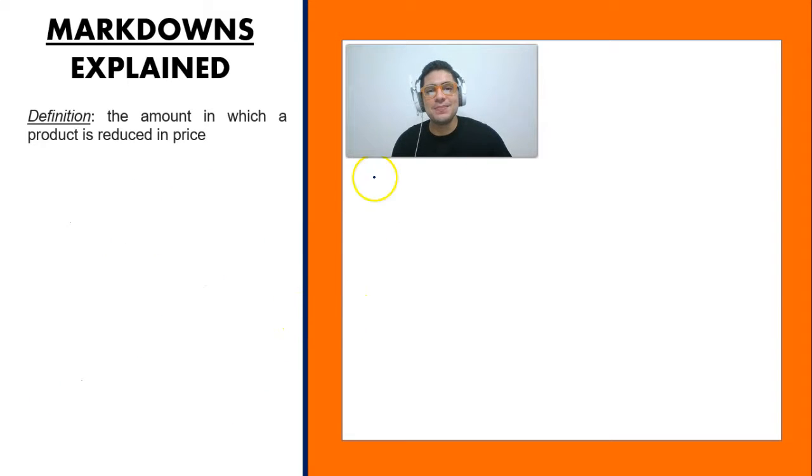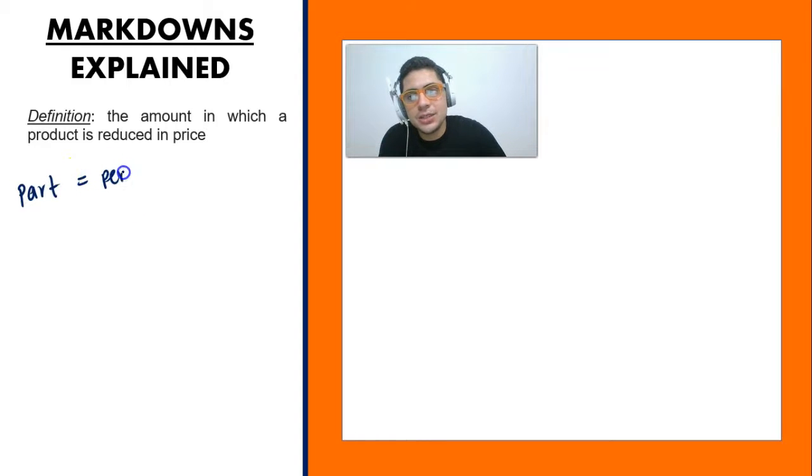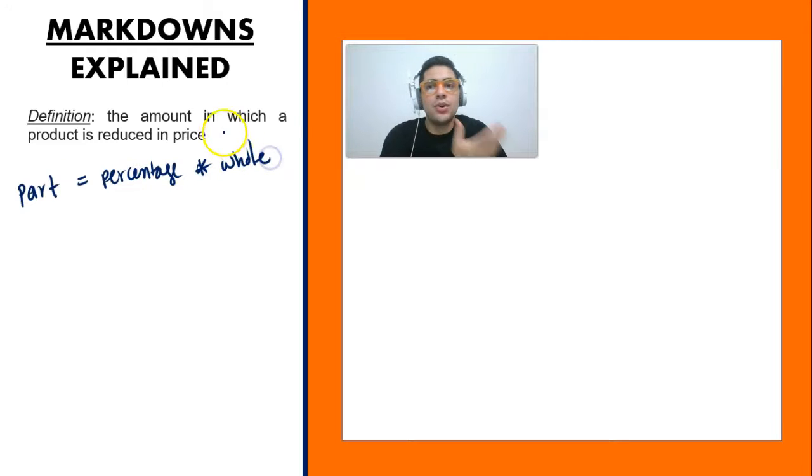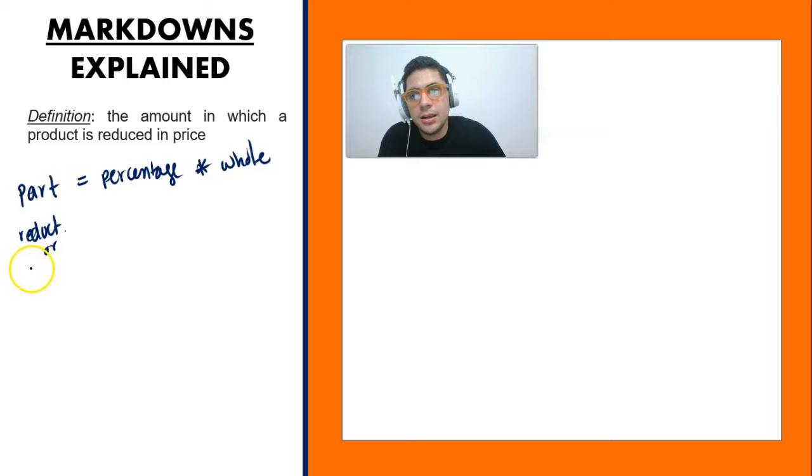Okay, guys? So we're always going to be using the percentage formula. The part is equal to the percentage times the whole. Now, when we have markdowns, the part is going to be the reduction in price, or we can also refer to that as the discount, and that is equal to the percentage times the whole, and the whole is the original cost or the original price.